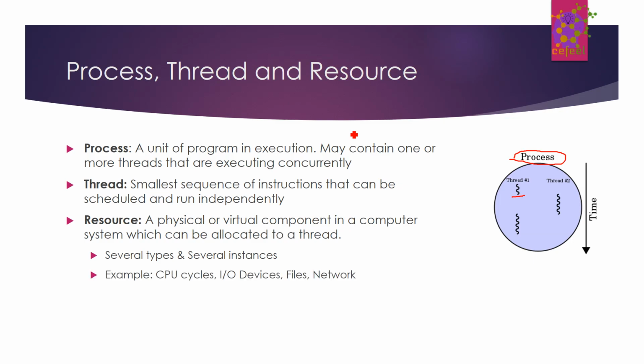Some examples are CPU cycles. If you have multiple CPUs, then we say that we have multiple resource instances of the CPU. I/O devices like the monitor or the speakers, files on the file system, and also the network. So all these could be resources, physical or virtual.